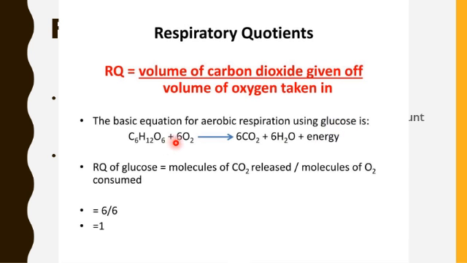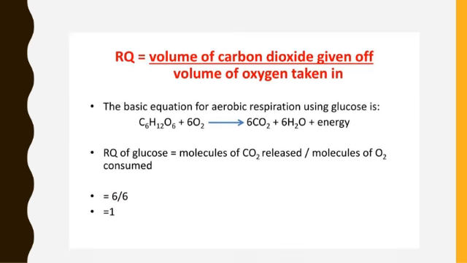Glucose in the presence of oxygen gives 6 CO2, where 6 molecules of oxygen are consumed, plus water and energy. So the molecules of CO2 released are 6 and the molecules of O2 consumed are 6, and that comes out to be 1. So the RQ value of glucose is 1, that is unity. This is the basic equation of aerobic respiration using glucose.